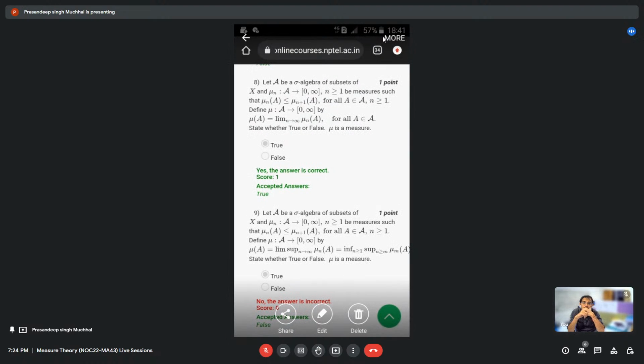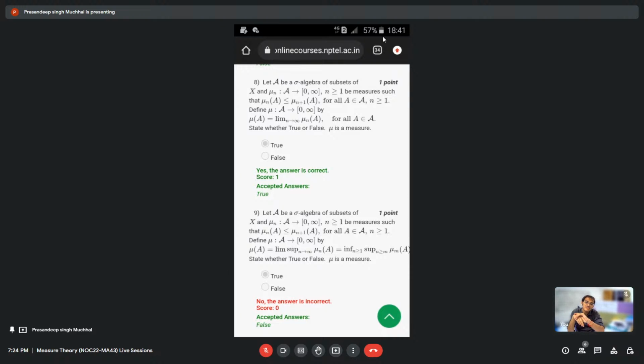Sir, in example number 8 and 9, in problem number 8 and 9, what is the difference in these two problems? I didn't get it. Because, sir, if the sequence is increasing, then certainly it would be either divergent or it will be convergent.